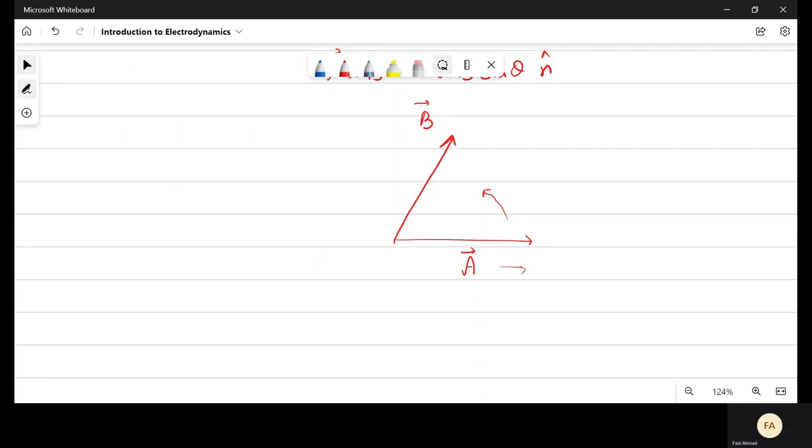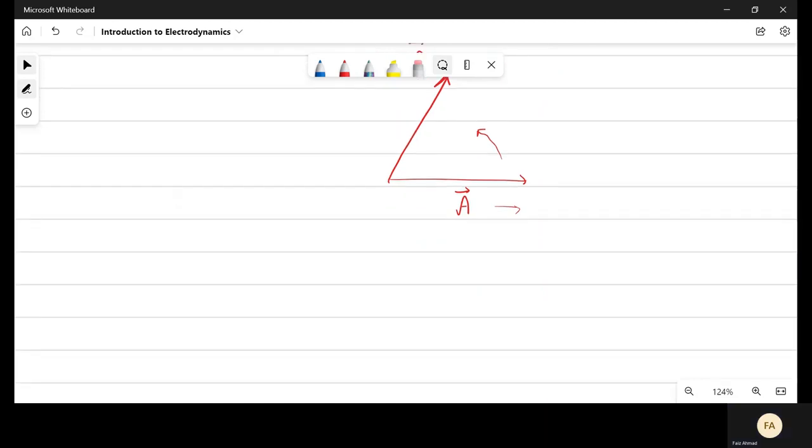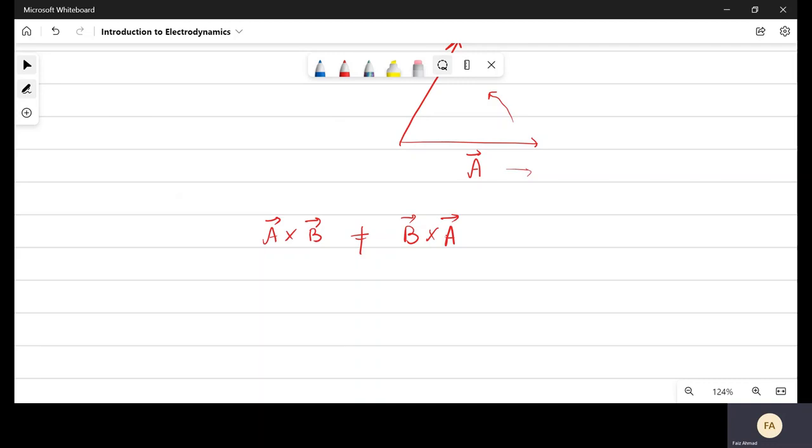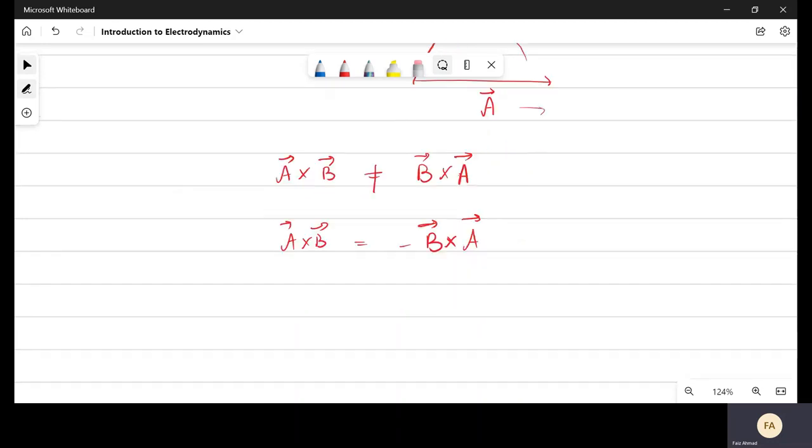And we can see from this that A cross B is not equal to B cross A. So it's not commutative. In fact, its direction is changed. So A cross B is minus B cross A. It's a change of direction of the vector. So you can put a negative sign to the normal, and you will come up with the same thing.